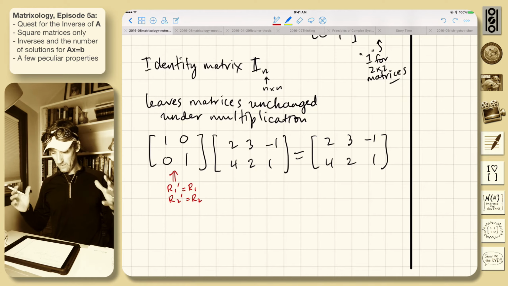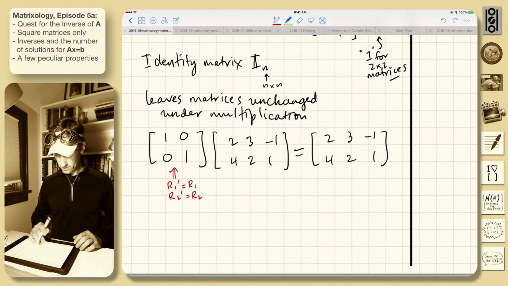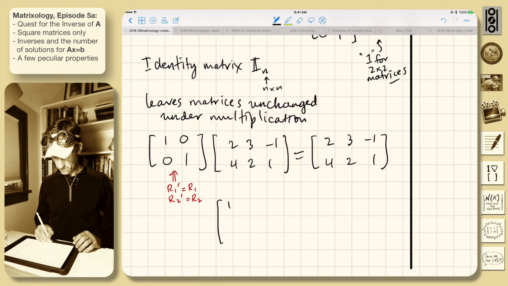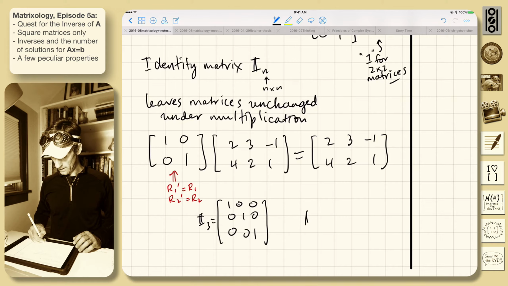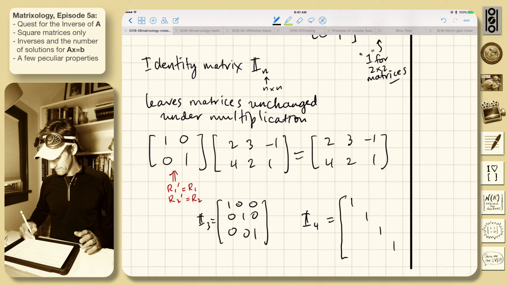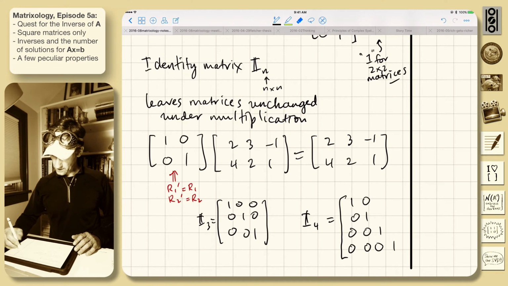So identity matrices don't change things under multiplication. So this is what we would have, right? This is I3, this one, and I4. And we usually know what we're talking about with size, so we leave it off. I have to write lots of zeros now. So let me just indicate sometimes what you might do.